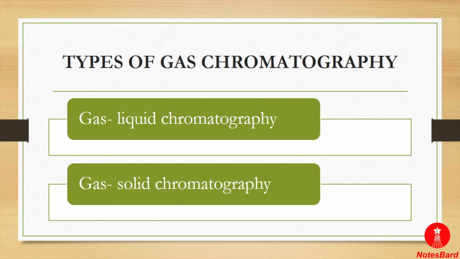When the stationary phase is a liquid substance, it is named gas liquid chromatography, and when it is a solid, it is named gas solid chromatography. Among both of these, GLC, or gas liquid chromatography, is the most widely used method.